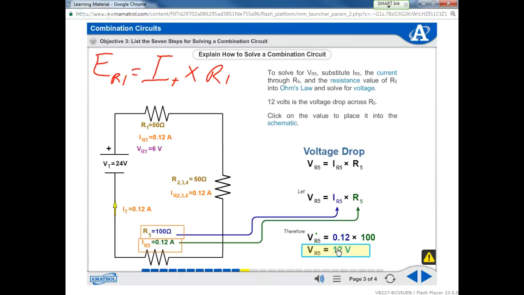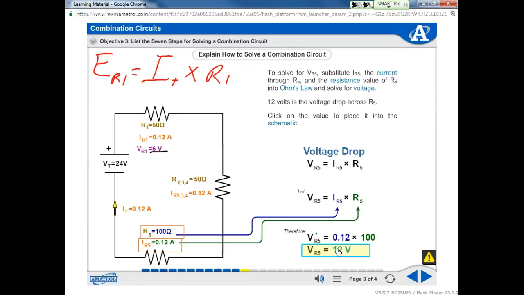So we would just know automatically that this one drops 12 because it has to be 24, then that parallel, doesn't it? Well, at this point, what do we know? We know that we're dropping 6 volts here, right?